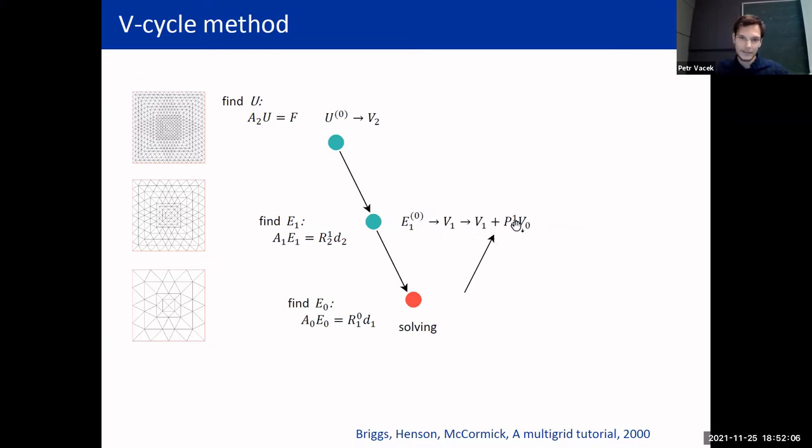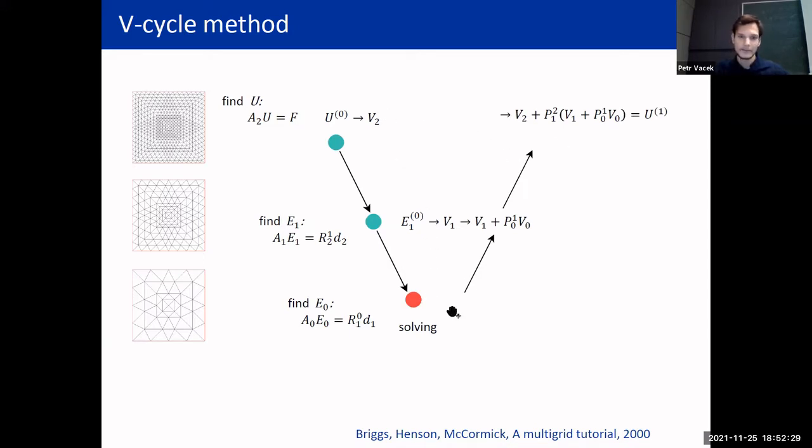there. The projection is done by projection operator, which is again associated with the finite element scheme. And this process is repeated until we reach the finest level and correct our approximation there.